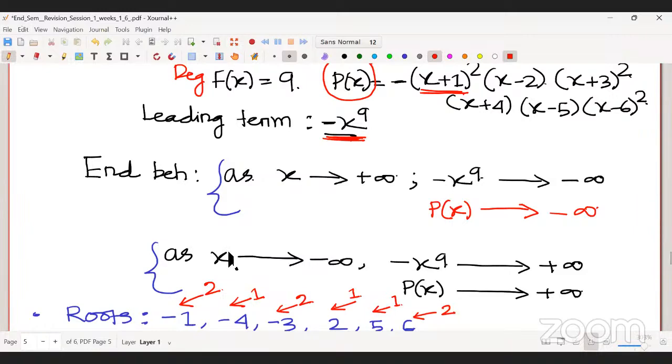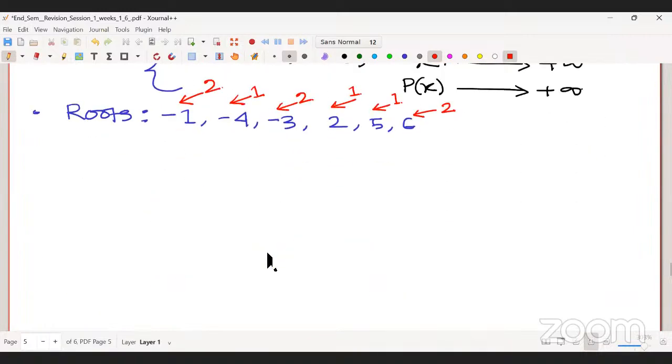So now I have all the information to draw the polynomial.